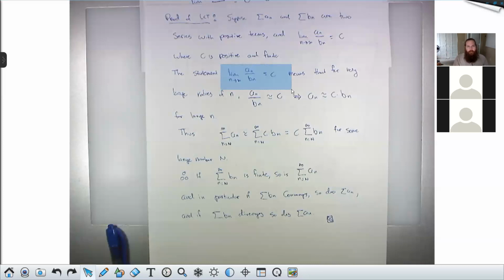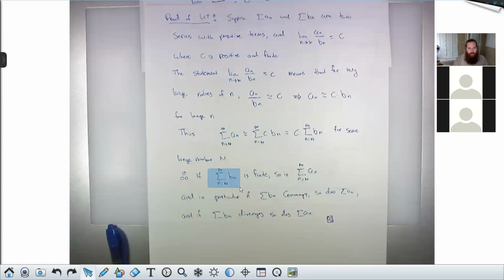This limit being finite means that the tail of the series An is very, very close to the tail of the series Bn. So if the tail of the series Bn is finite, then the tail of the series An is finite, right? That's this statement.